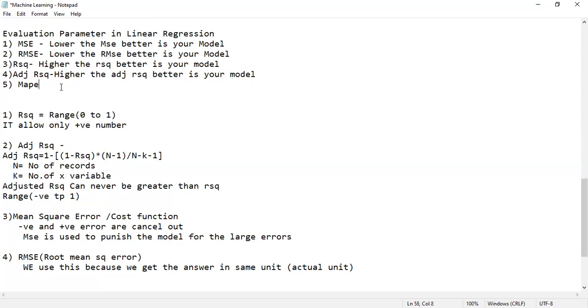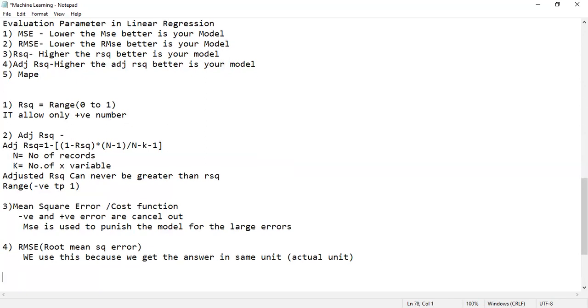And the last is mean absolute percentage error, MAPE. By the name you can understand, this is used when we have to find the error percentage.